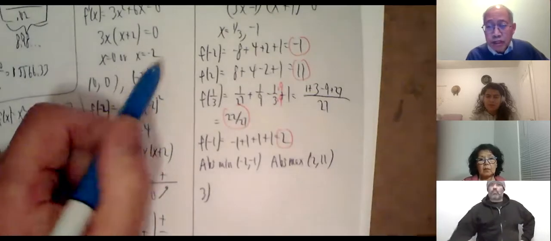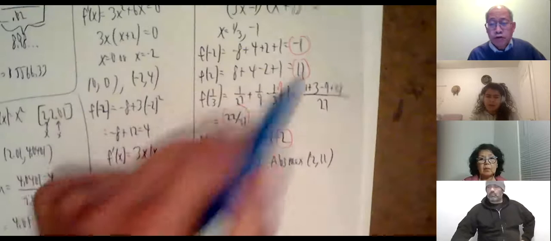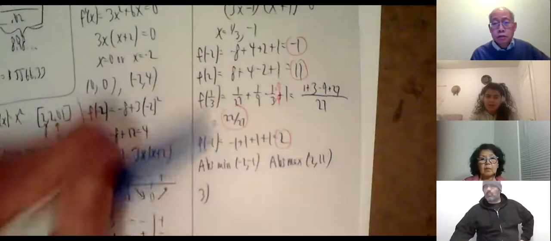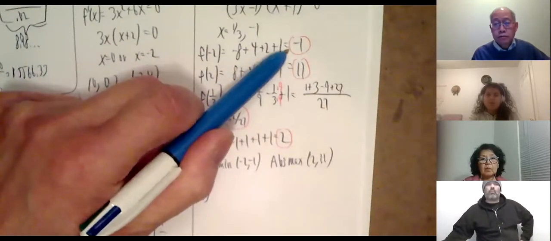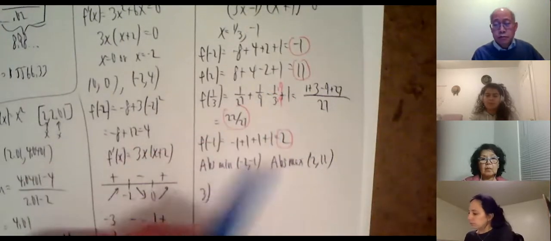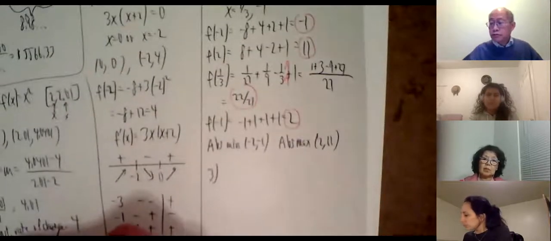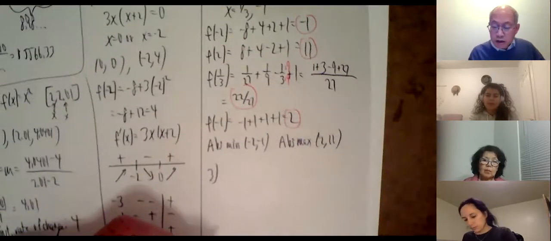How do I know which is the absolute maximum and minimum? Just look at these 4 numbers. Which is the lowest? -1. Which is the highest? 11. So that gives me max and min. Okay. Got it. Thank you.